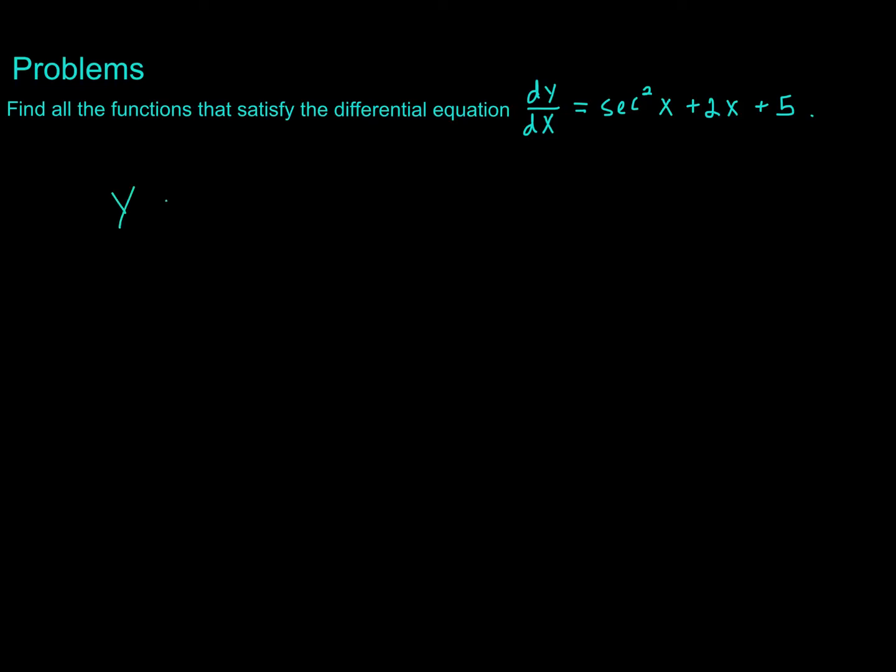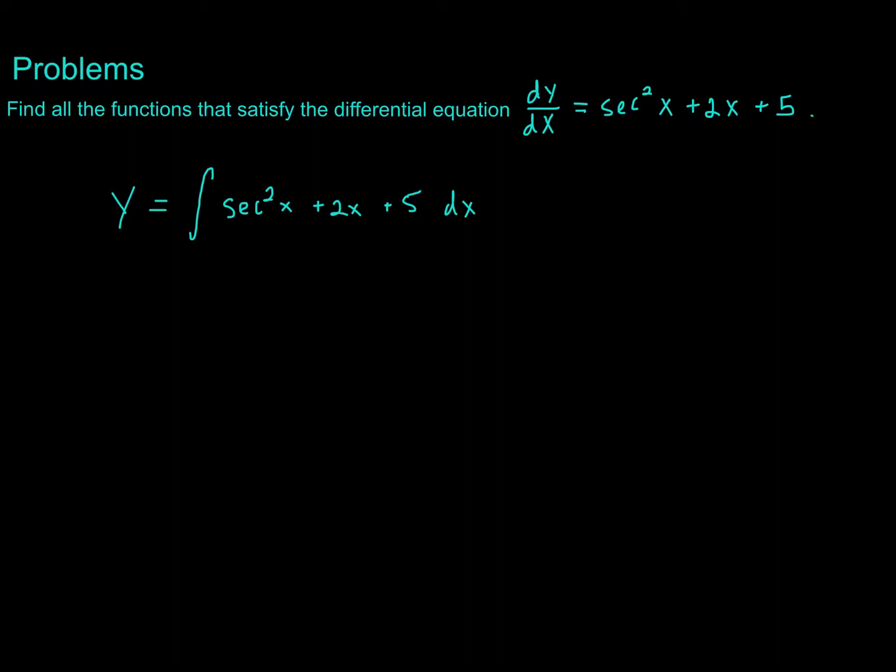Well, that function y is going to be the antiderivative, or the indefinite integral, of this function here, secant squared x plus 2x plus 5, with respect to x.